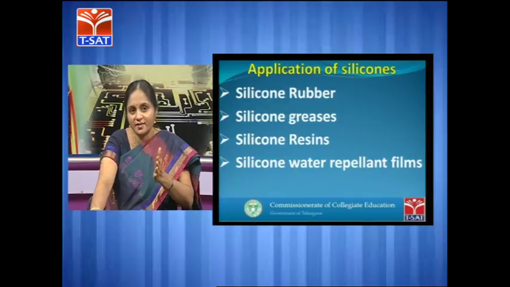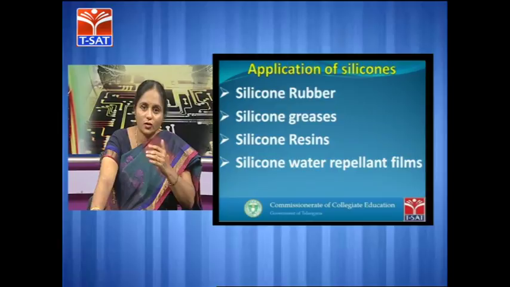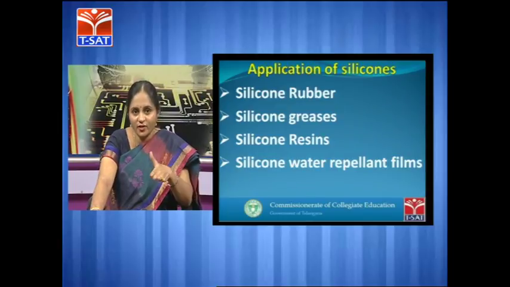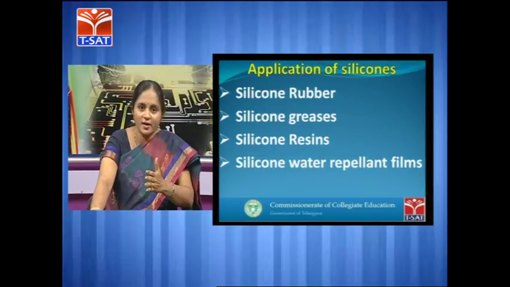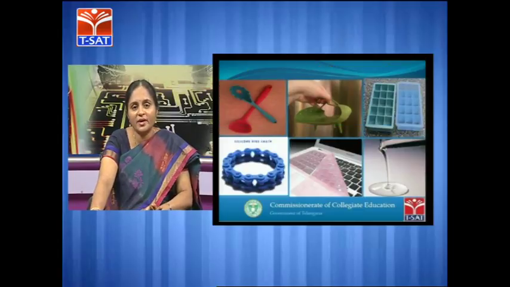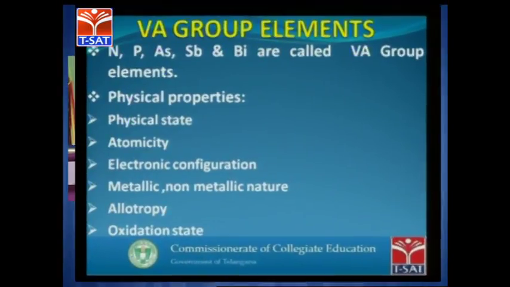Having more units, 6000 to 7000, they are used as silicone greases, because as the number of silicone units increases, their melting and boiling points and viscosity also increase. Silicones can be used as greases and resins. Silicone rubbers, because all the silicones have elastic property, so they are used as rubbers. So these are the materials formed from silicone.